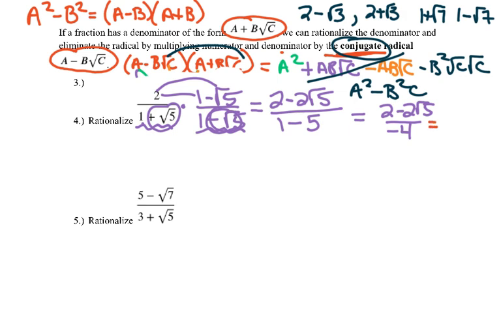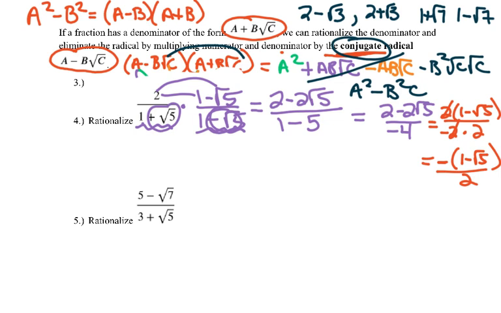We could rewrite this top as 2 times 1 minus radical 5, and we could rewrite the bottom as minus 2 times 2, and these 2's will cancel out, and I'm going to just move that negative sign up top, and we'll be left with negative 1 minus radical 5 quantity all over 2. And that's how we rationalize, because again, notice there is no square root in the denominator.